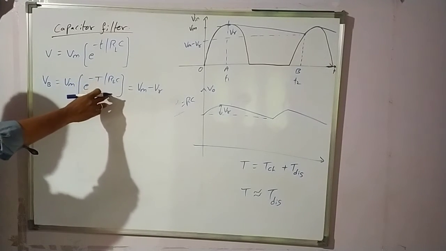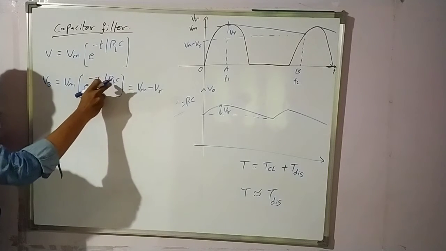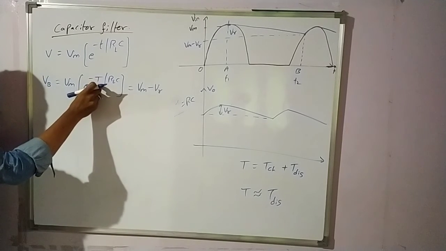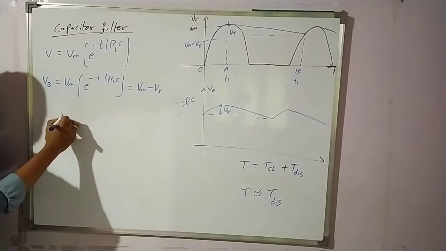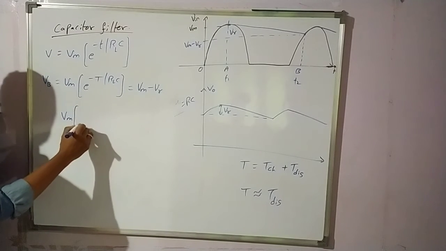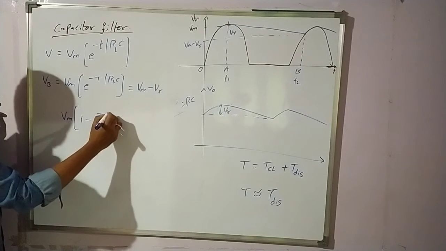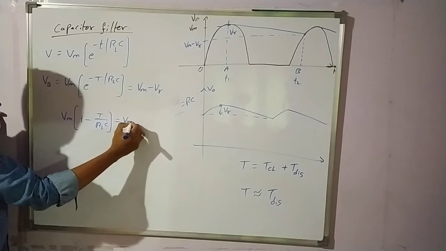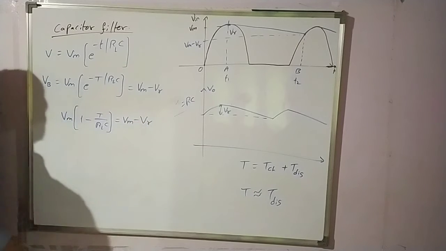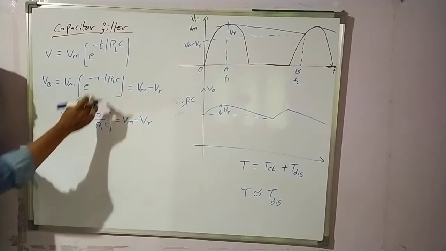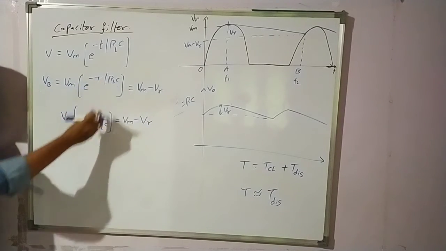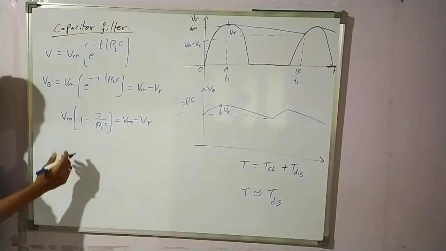This RL value is very high. This RC value is very high when compared with T. So I can write it mathematically as 1 minus T by RL into C is equal to Vm minus VR. So 1 by RC is very, very high. If you solve this, what do you get?